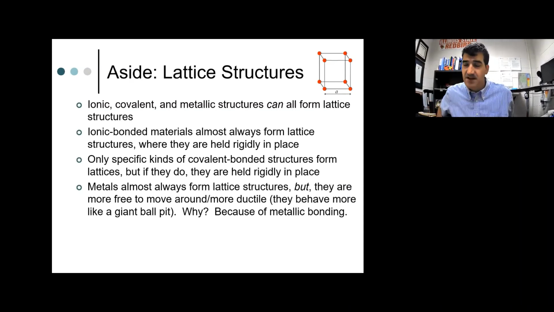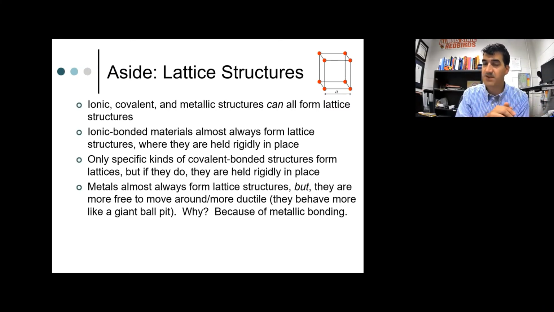And the reason is because of the metallic bonding. The way it works is that the nuclei of the metals are bonded to the sea of electrons, but the nuclei of the metals are not bonded to other nuclei of the metals. That's different than ionic and covalent lattice structures.